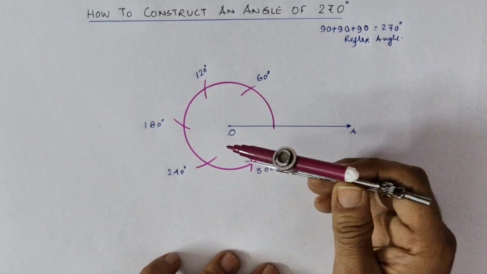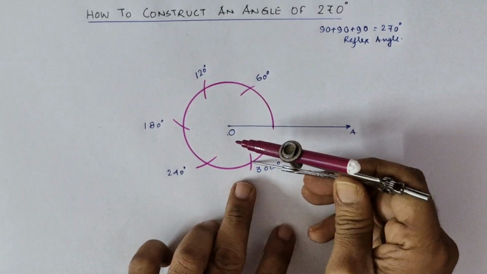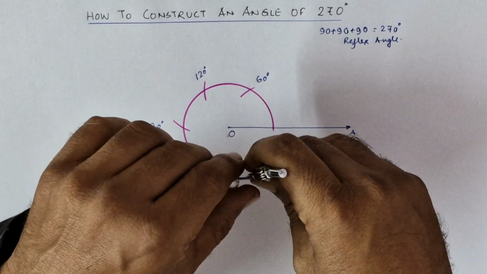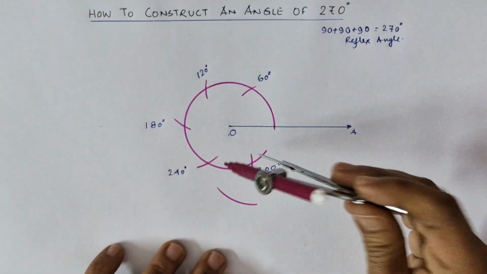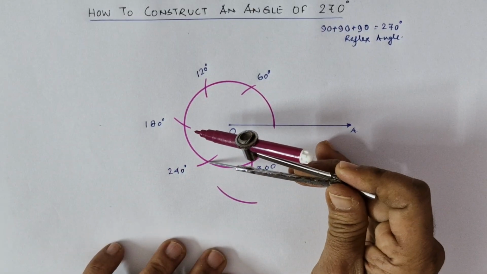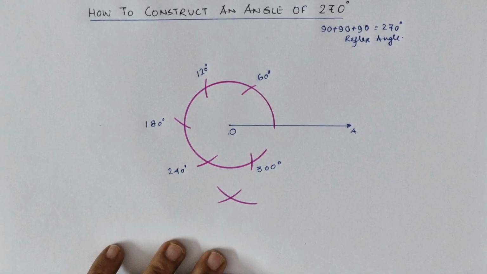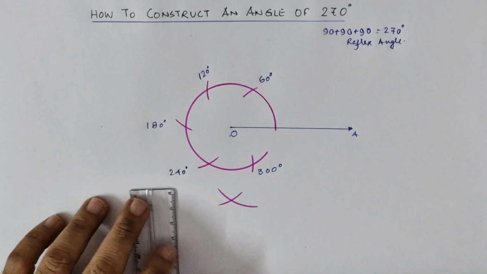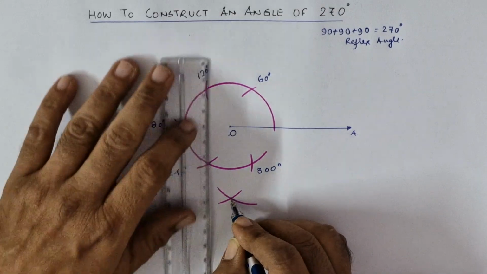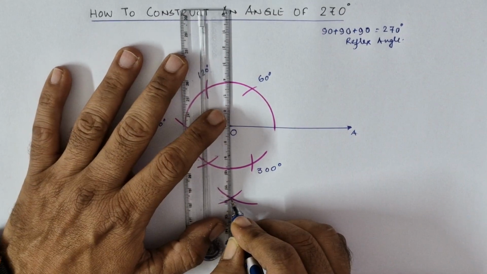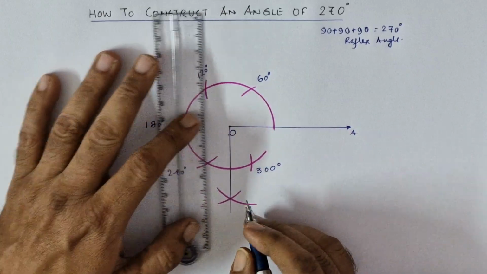So without changing the radius of the compass, point the needle at the 300 degree intersection and draw an arc below, again point the needle at 240 degree and intersect, right? Now mark the intersection point very carefully and join it with O, right?